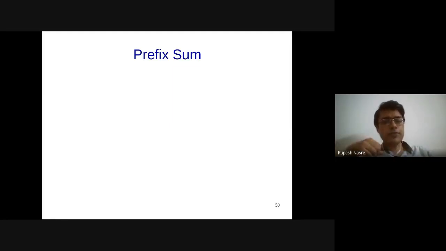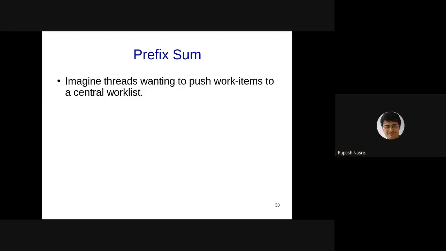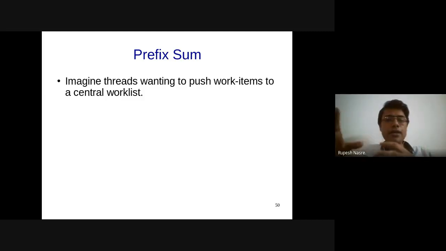Just to give you an example, this is the one that I was talking about in case of graph algorithms or even other algorithms where there is a work list in which we are pushing items. Different threads are pushing different items. We did this a little bit using atomic instructions, and then we said that if k is fixed, then you can just do it based on thread ID, or you can do an atomic add by k, or alternatively you can do atomic increment every time, where work items are going to get pushed in any order.